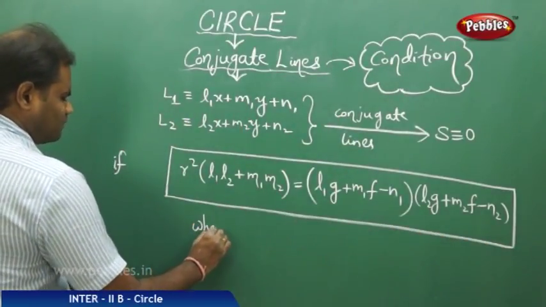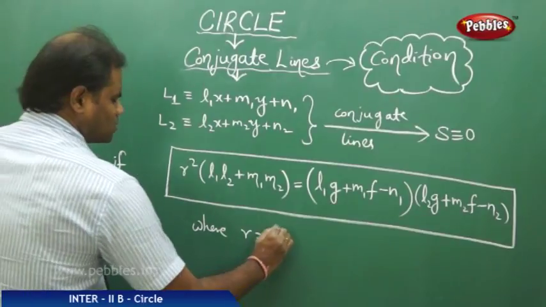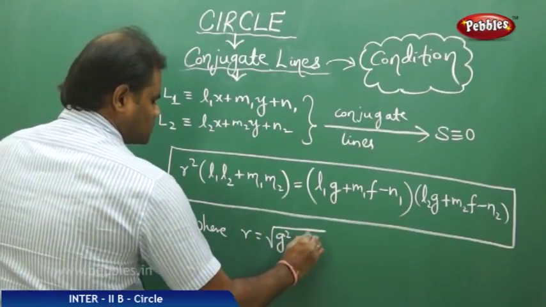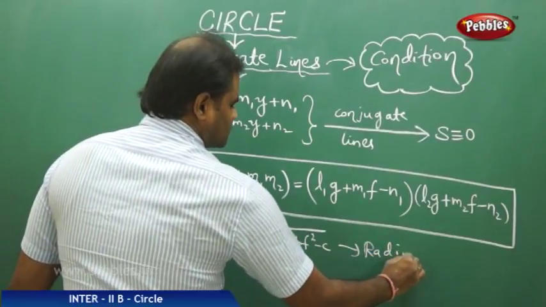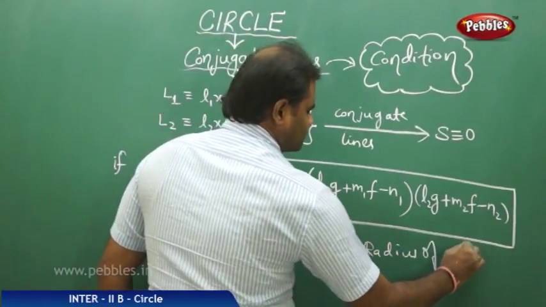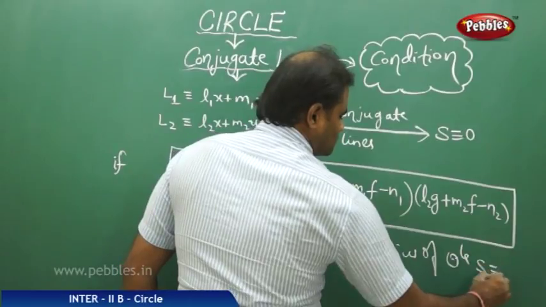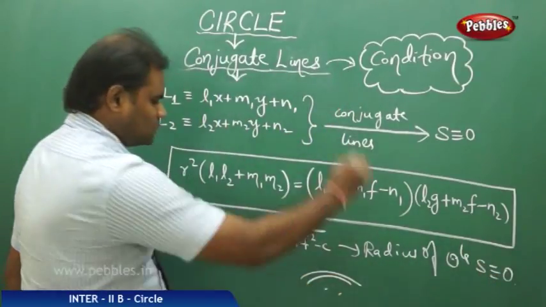Where R is root of G squared plus F squared minus C, which is the radius of the circle.